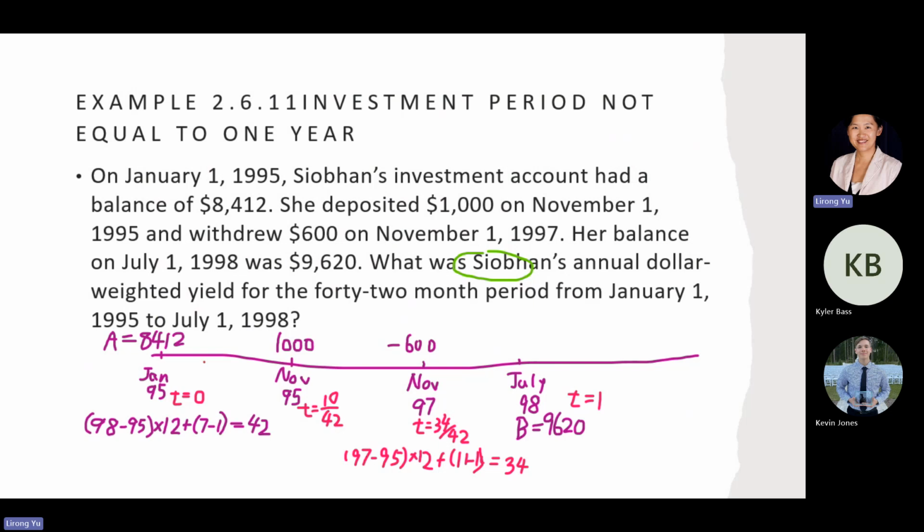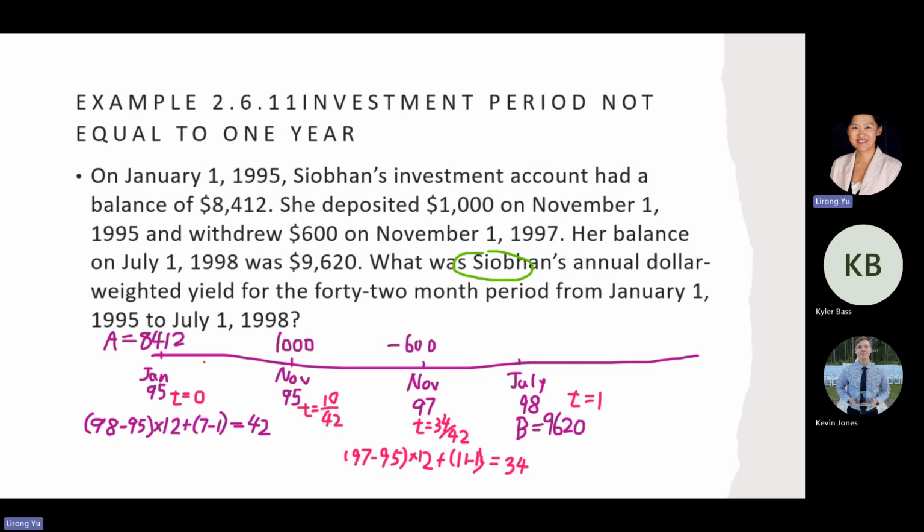Compared to the entire time frame of 42 months, that's 10 out of 42. I want to remind you that in the dollar weighted yield calculation, 1 minus t has to be a proper fraction. It cannot be higher than 1. So all your t is less than 1, and we're trying to figure out all those fractions.